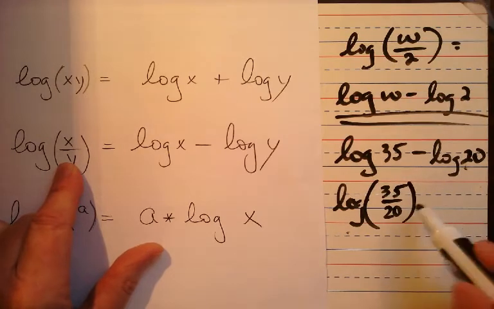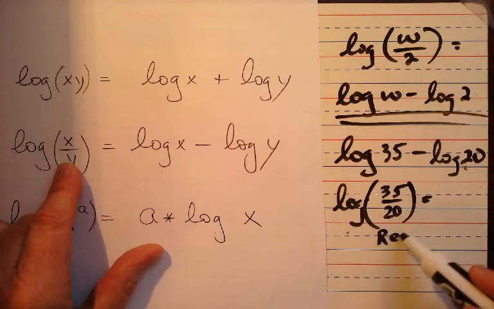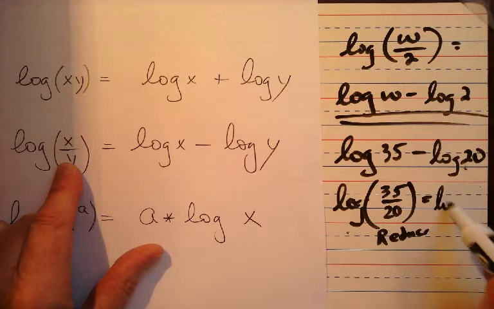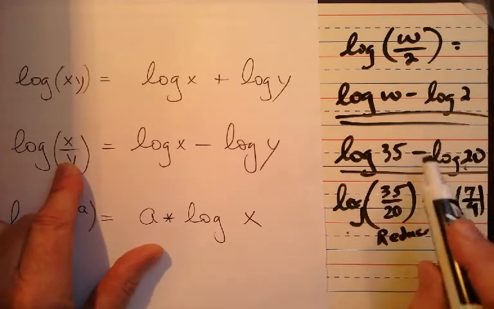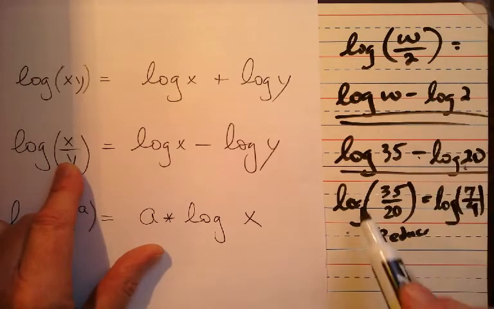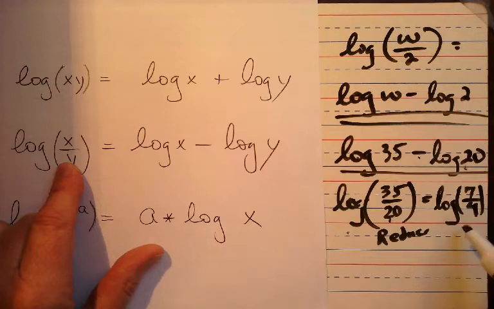But remember, you can't leave it like this. You always have to reduce. 5 goes in there 7 times. So that would be 7 over 4. So the log of 7 over 4, that's what this is. Log of 35 minus log of 20 is the same thing as this fraction, which is the same thing as this fraction, because we had to reduce.